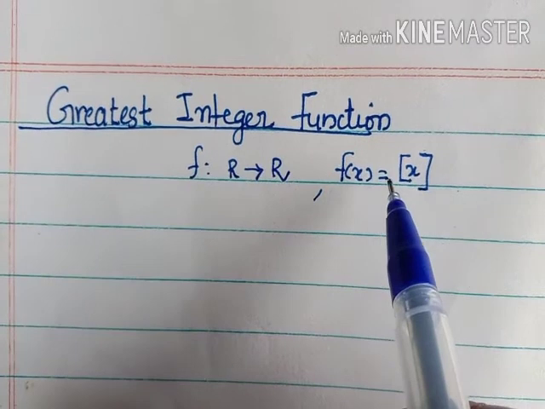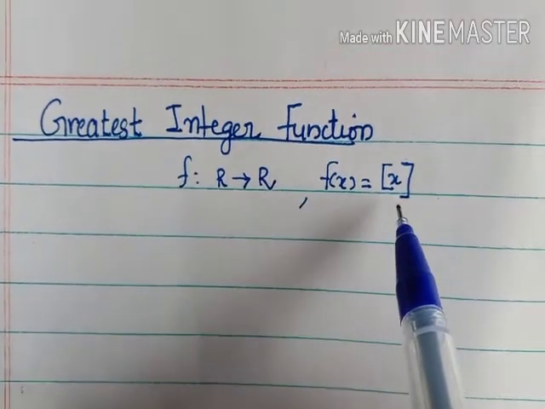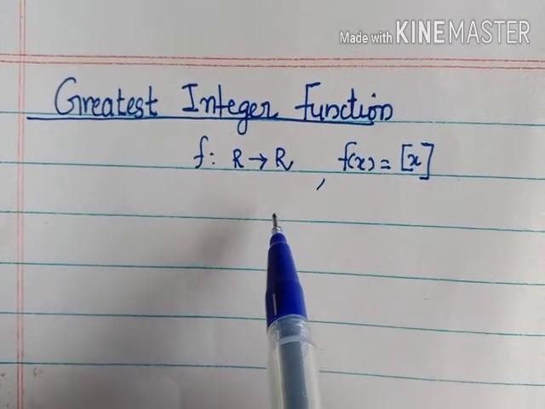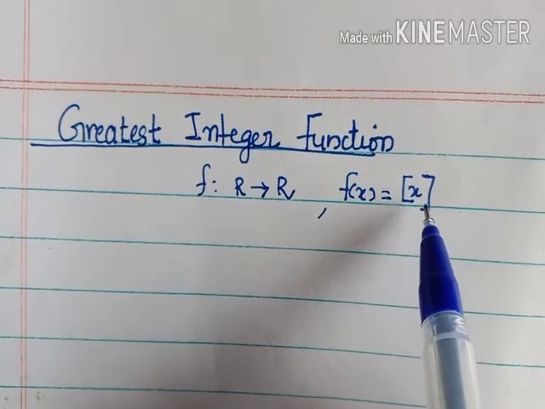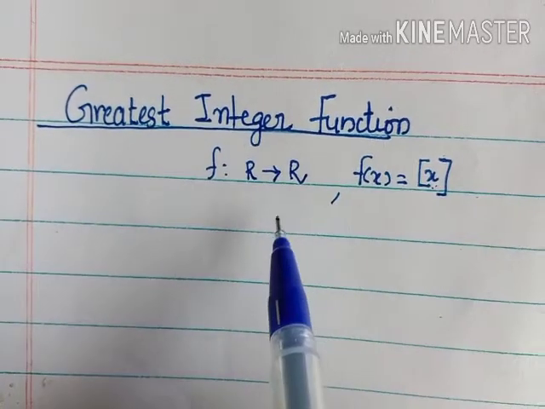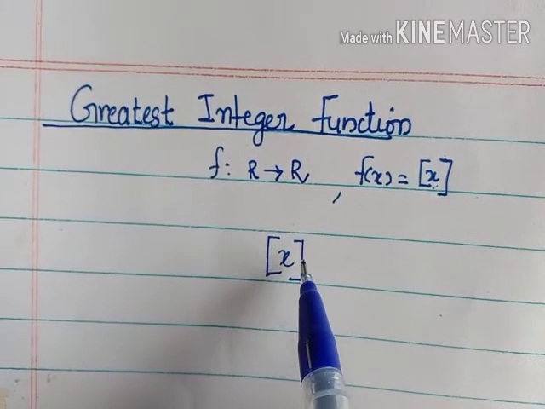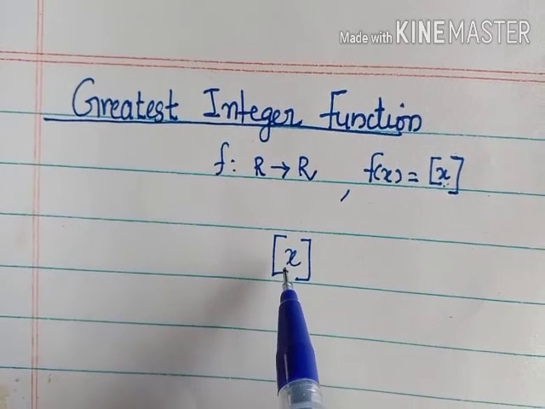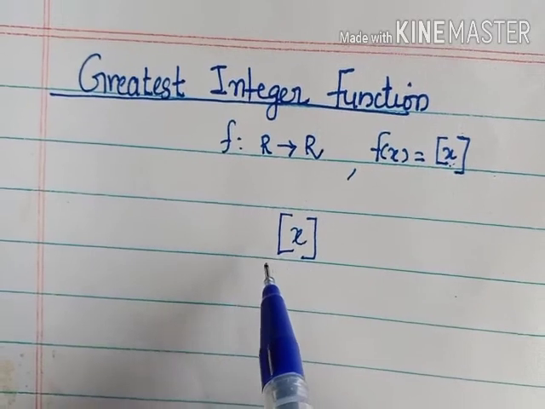Here the greatest integer of x means the value of the greatest integer less than or equal to x. Such a function is called the greatest integer function.